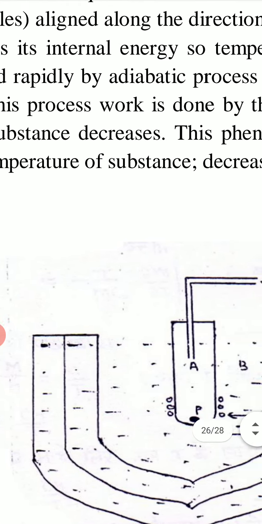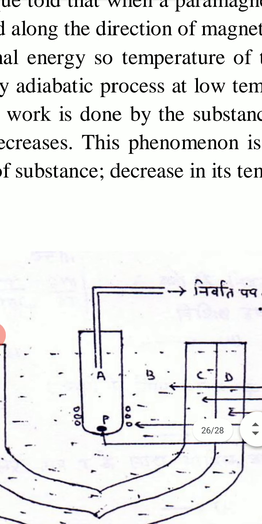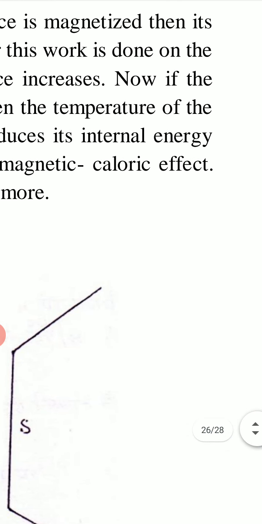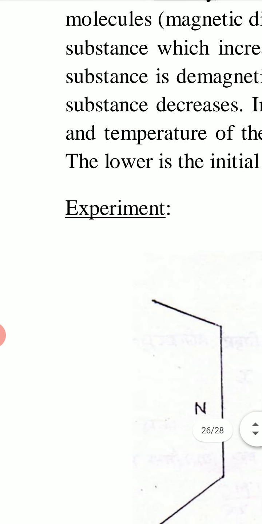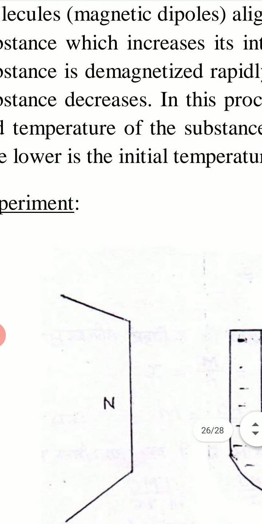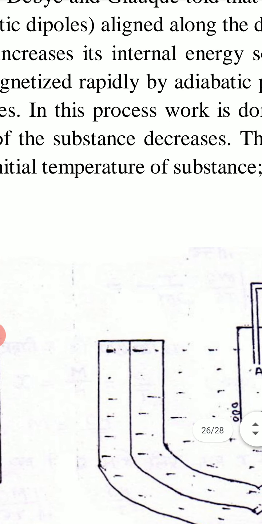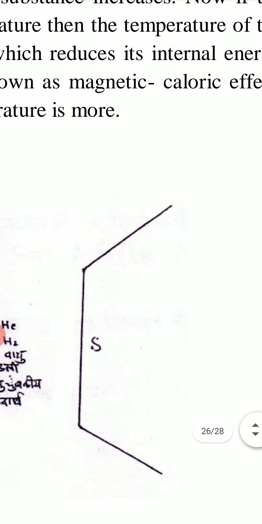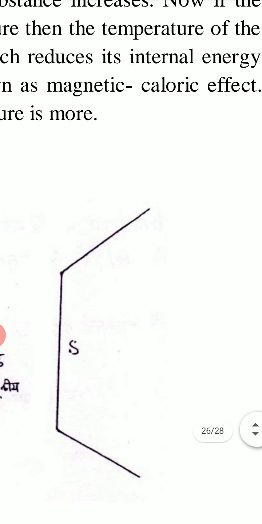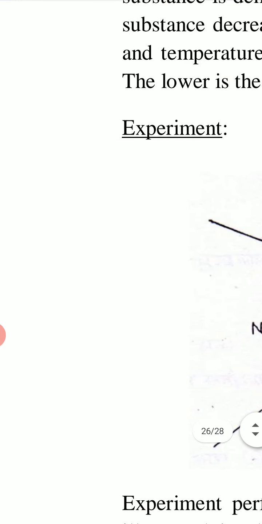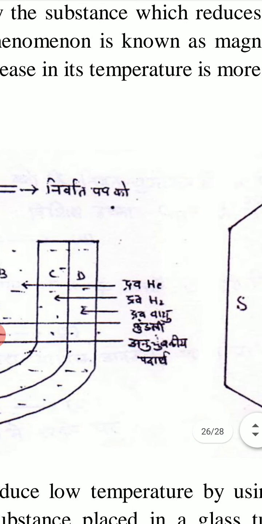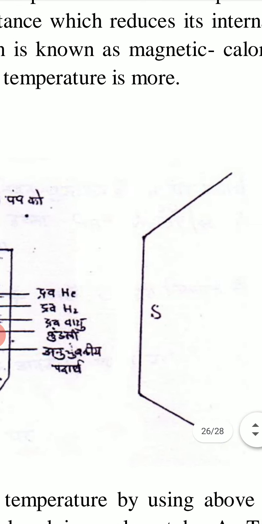In this process, work is done by the substance, which reduces its internal energy, and hence the temperature of the substance decreases. This phenomenon is known as magnetocaloric effect. The lower the initial temperature of the substance, the more the decrease in its temperature.